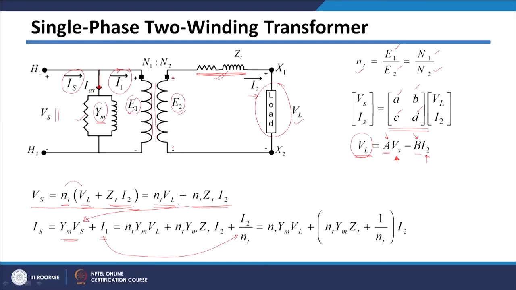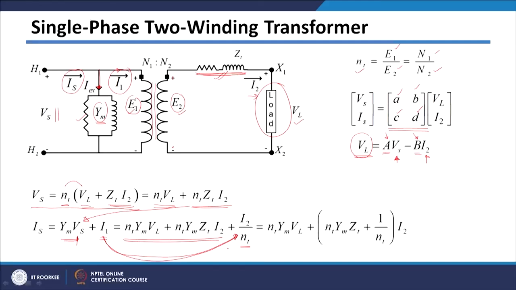So, if you put this Vs equation into this equation, I get these 2 terms here, and after writing, I1 and I2 are related by your transformation ratio. So, I2 divided by NT will be your I1.